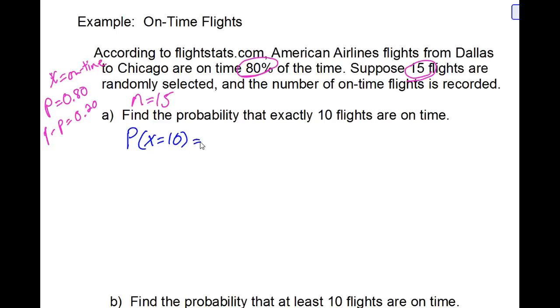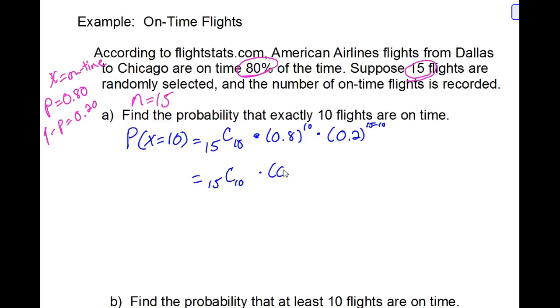So that means that we're going to do 15 flights, and we're going to choose 10 of them to be on time, times the probability of them being on time, which is 0.8, raised to the 10th power, because that's how many on-time flights we want, times the probability of them not being on time, which is 0.2, raised to the 15 minus 10, which, if you think about it, if there's 10 flights on time out of the 15, how many flights are not going to be on time?